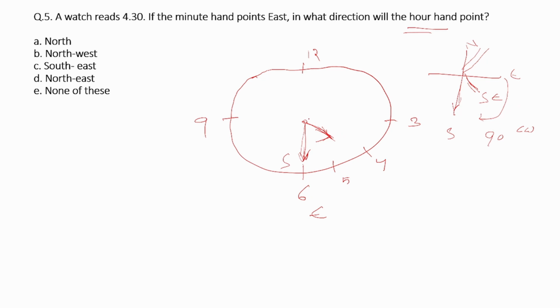So this line will move to here, which is northeast. North will be turned to northeast in this direction, in a clockwise direction, 90 degrees. So the answer is D, northeast.